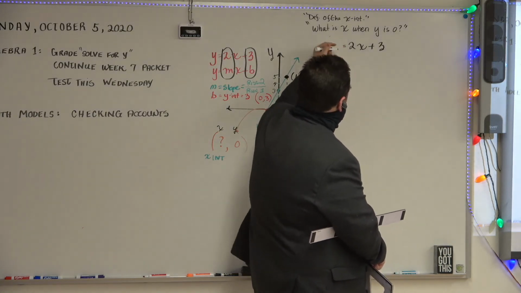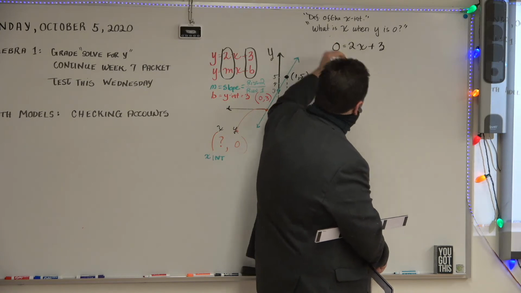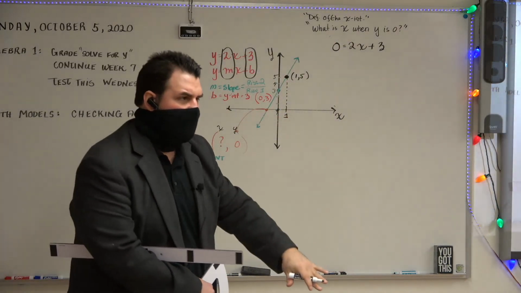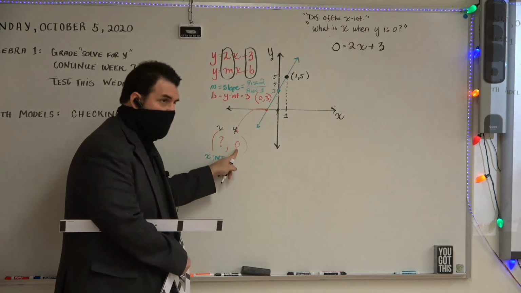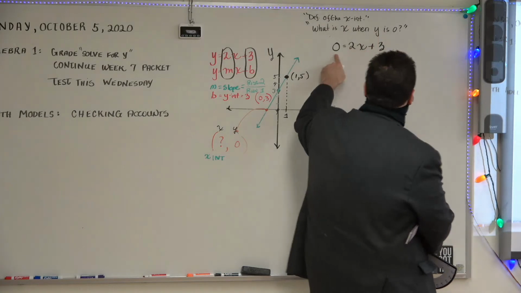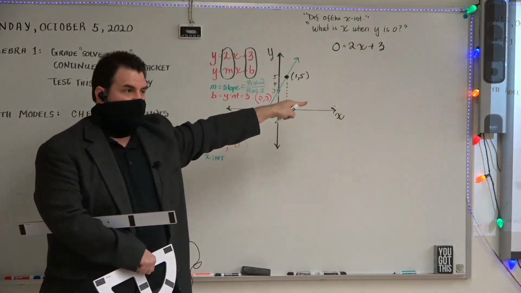Okay, let me just do it in the darker color. I replaced the y with a 0. Why did I do that? Because y is 0. What is x when y is 0? Let's put 0 equals 2x plus 3.